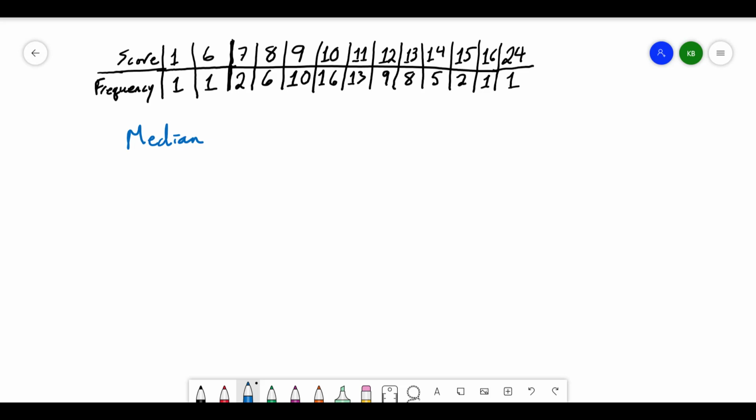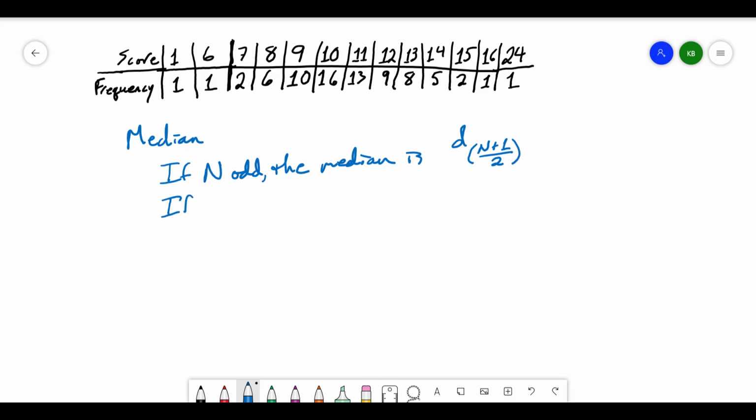And then what I'm going to do is, if n is odd, the median is my data point at the n plus 1 divided by 2 position.